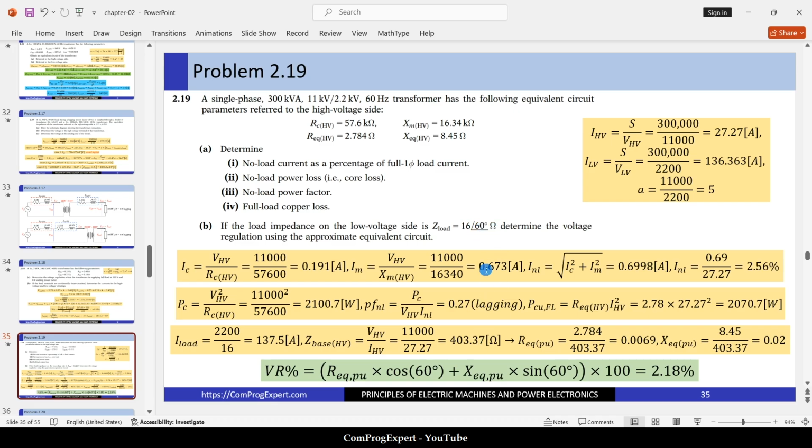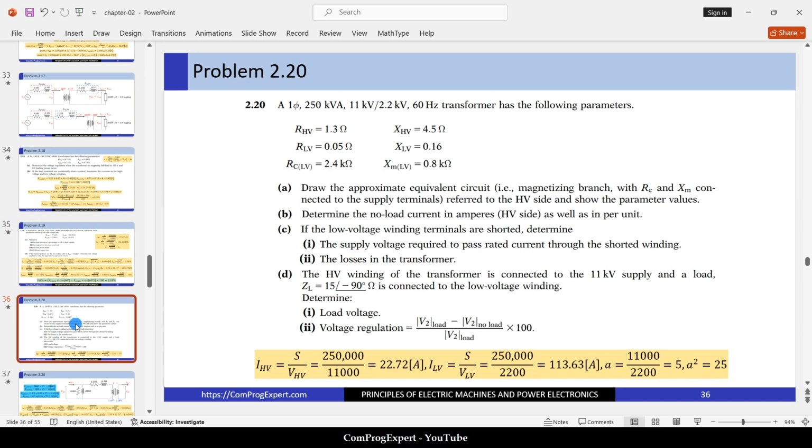So if you replace this here and calculate cosine and sine, the value of the voltage regulation will be equal to 2.18% for this problem. So you can redo the calculations and check the numbers for this problem.